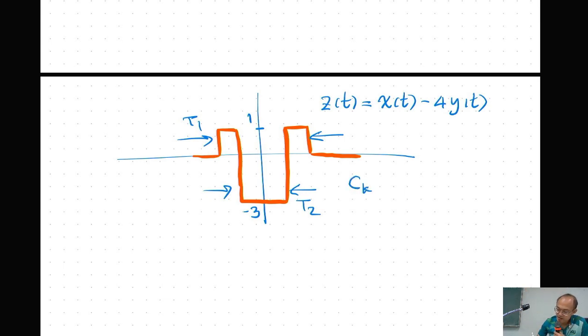So c_k must be a_k minus 4 b_k. That's it. So you really have to figure out this equation. Given this graph, you have to think, how would I relate it to the ones I already know, to be able to use this property.